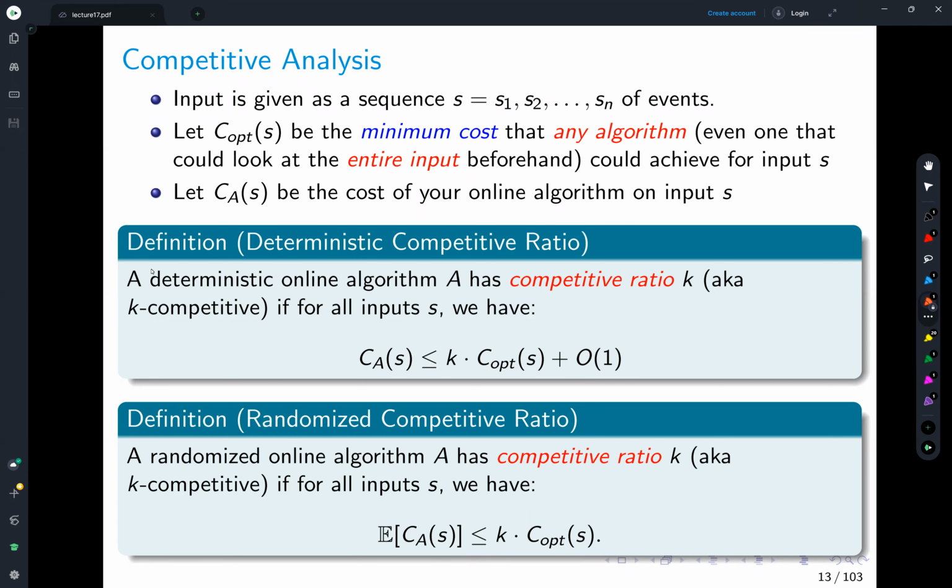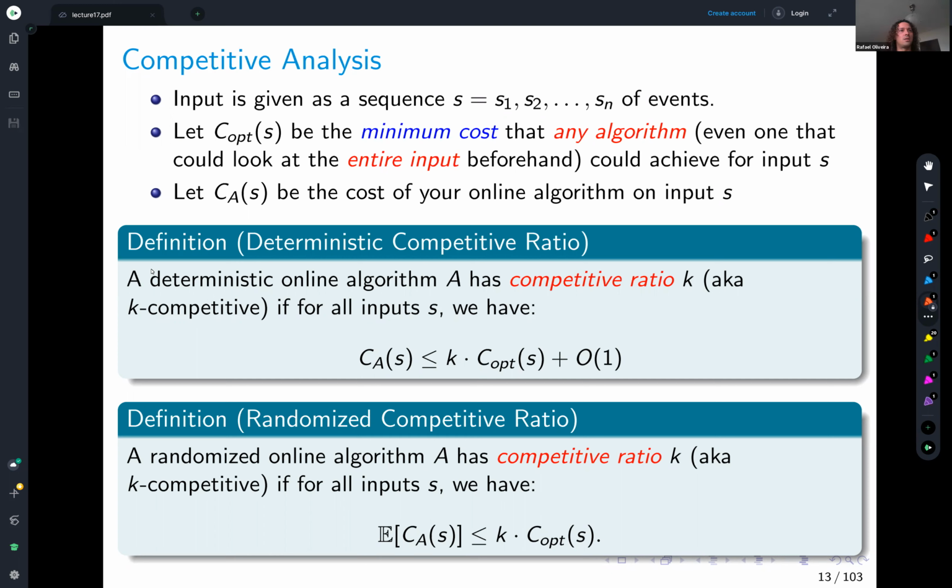Where did the O of 1 go? The O of 1 is not needed because you have these expectations, so this kind of vanishes. It's just for some technical reasons, so you shouldn't bother too much about it. But adding it wouldn't change the result; it would still give equivalent definitions.